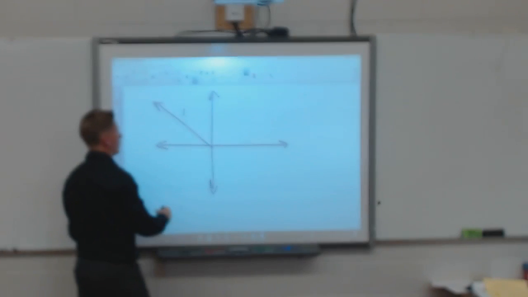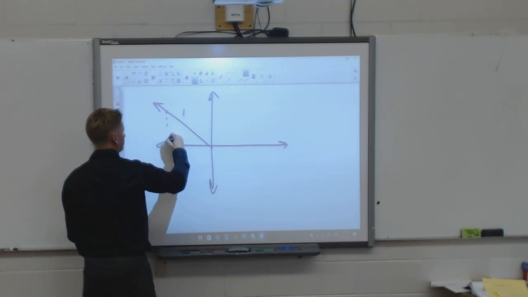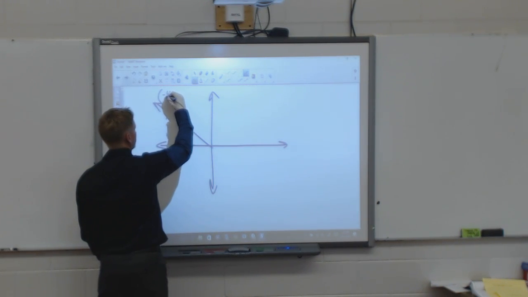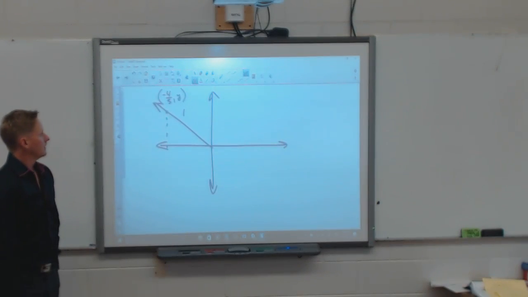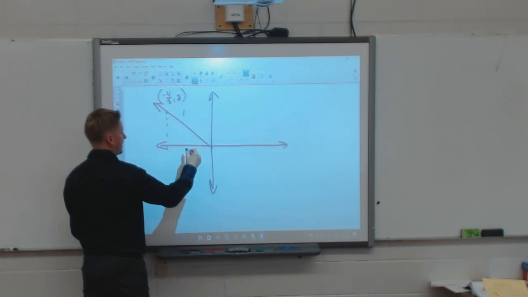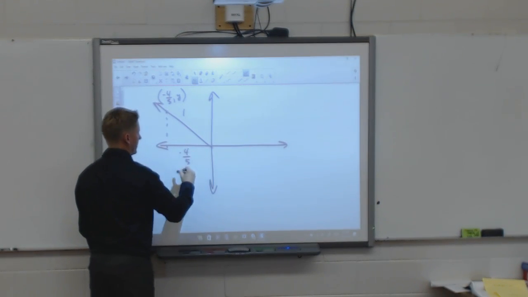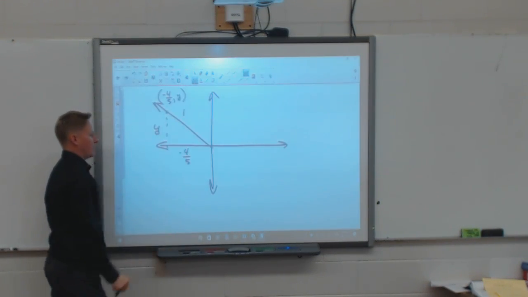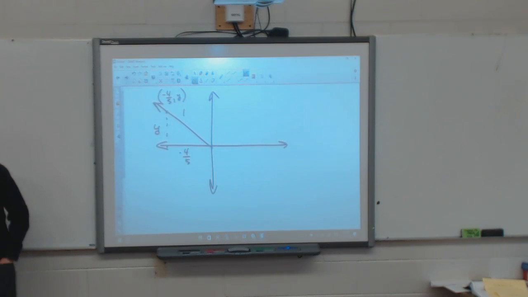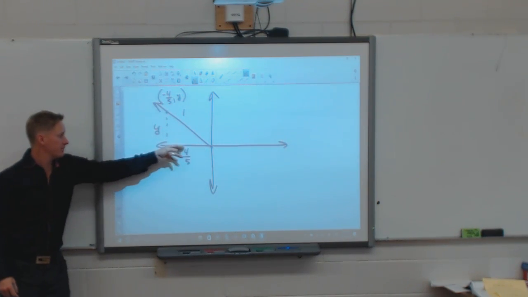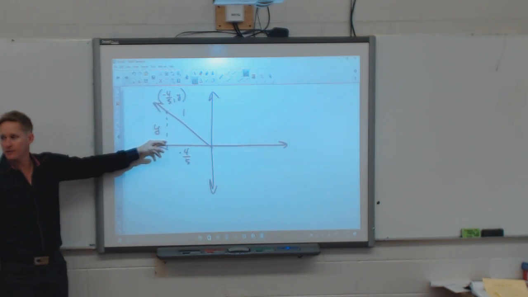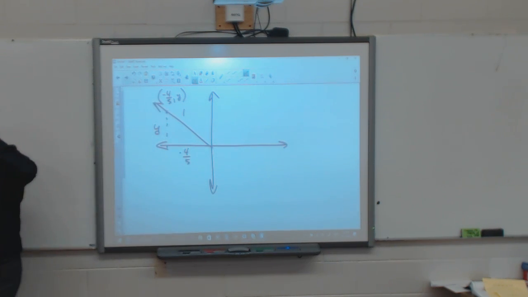This distance here is 1. This coordinate is minus 4 over 5 and y. My x value is minus 4 over 5, correct? And that's my y. The distance from there to there is x, and the distance from here to here is y, we agree?